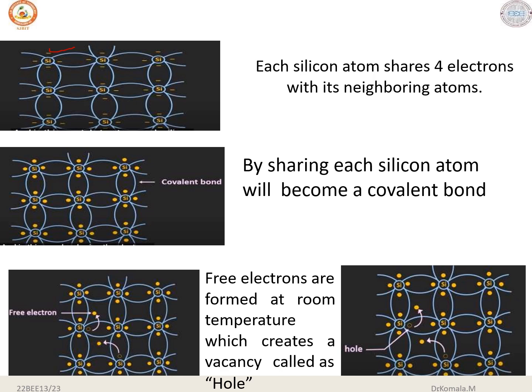So in this diagram you can see that whenever an electron is released due to covalent bonding, a hole is generated. So in semiconductor materials we have free electrons where the mobility is high, and we also find a hole whenever an electron moves away from the atom.